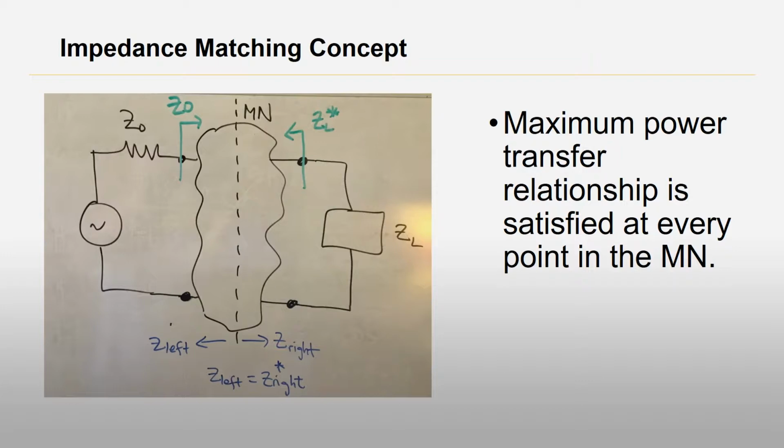If I look into the output terminals of the matching network, then I should see ZL conjugate. But if I slice anywhere in the matching network, and I look to the left and I see Z left, and I look to the right and I see Z right, then the maximum power transfer relationship does need to be satisfied. So we must have that Z left is equal to Z right conjugate. And again, this has to hold at every point in the matching network.